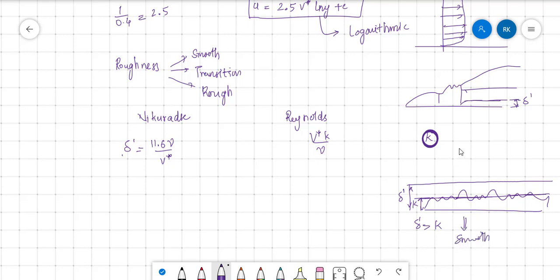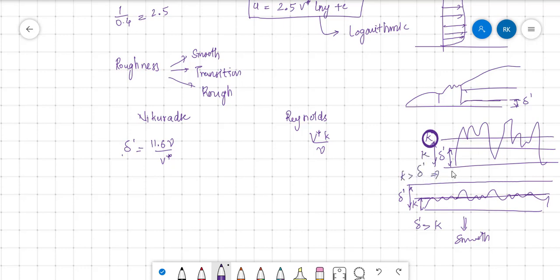If the thickness of laminar sublayer is this and average roughness of pipe is here, K is greater than delta dash. That is generally considered as a rough pipe.